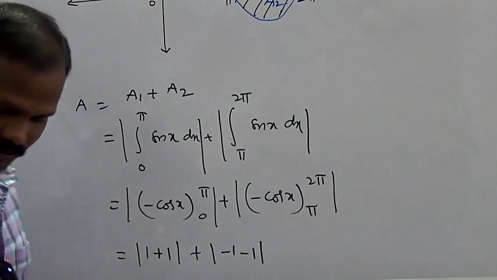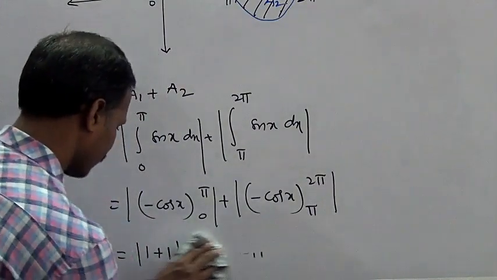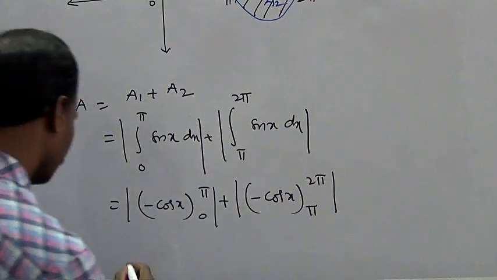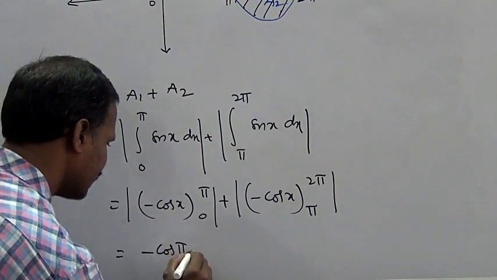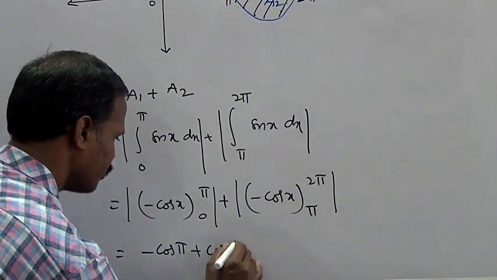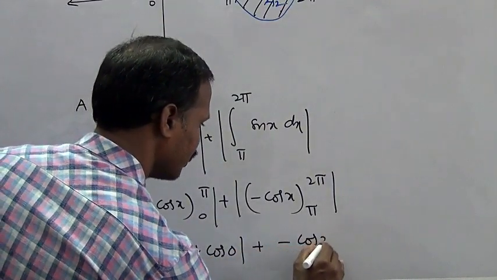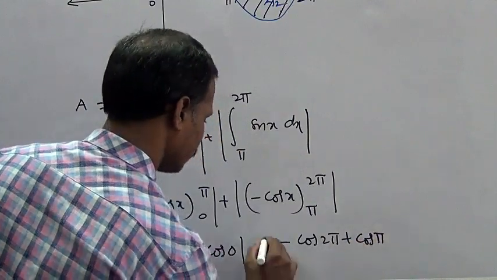Understood? Otherwise I will write one more step without confusing. So this is equal to minus cos pi minus of minus plus cos 0, plus minus cos 2 pi minus of minus plus cos pi.